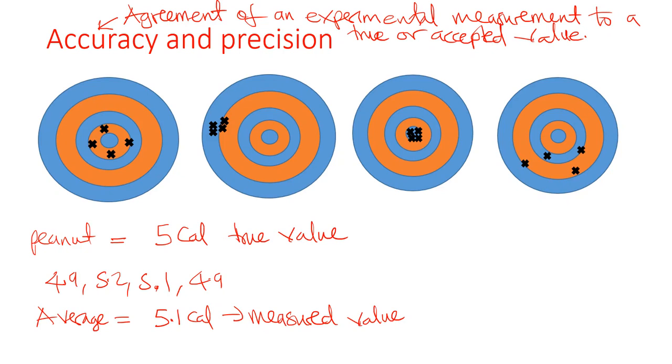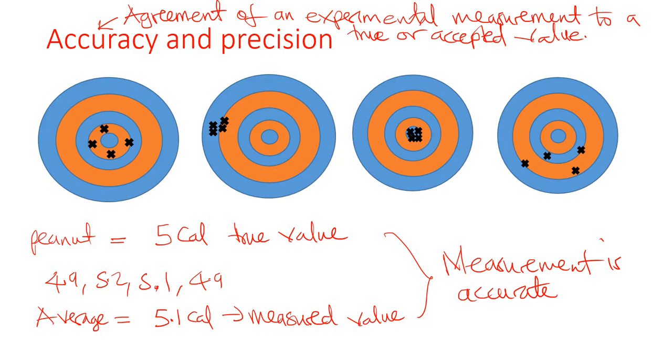Then because 5.1 is close to 5 calories, we can say that this measurement is accurate, because it is close to the true value.